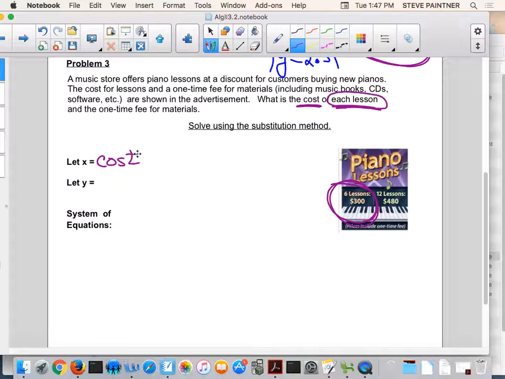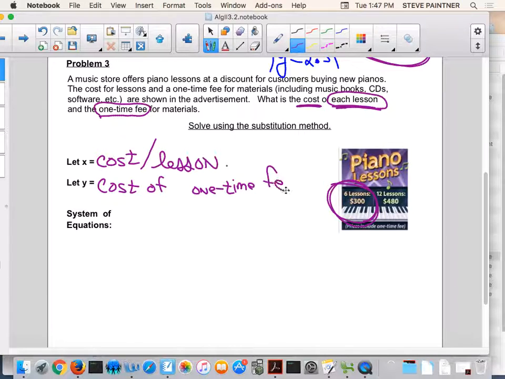X is the cost per lesson. What is the cost of each lesson and what else? The one-time fee. So they want the cost of the lesson and the cost of the one-time fee.